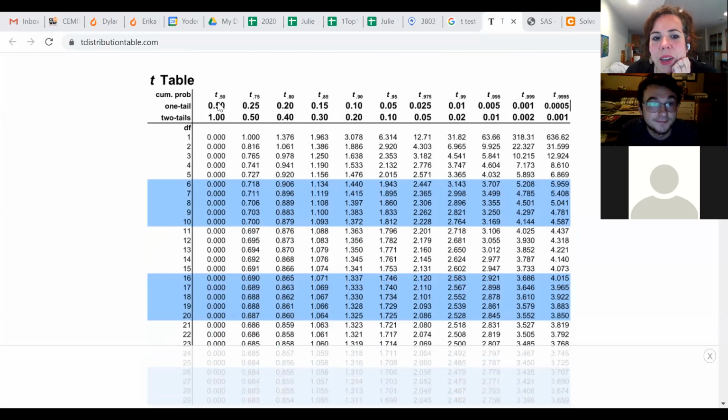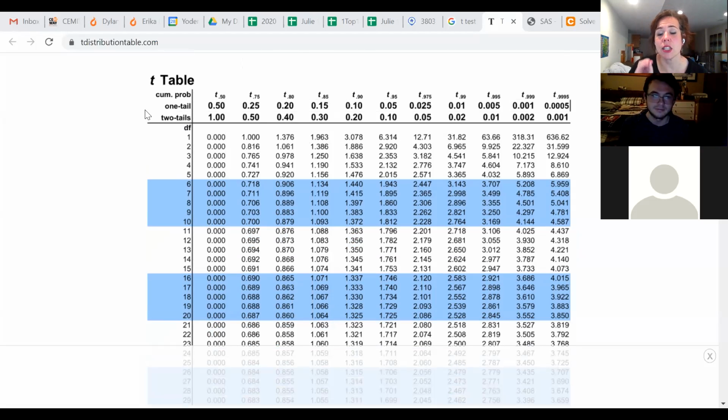Yes. Okay. So let's talk about this t-table real quick. All of them are going to be very similar. You're going to have one row that says one-tailed. The other one says two-tailed. So first you want to find the one-tailed alpha. What's our alpha? Is it 1.15?